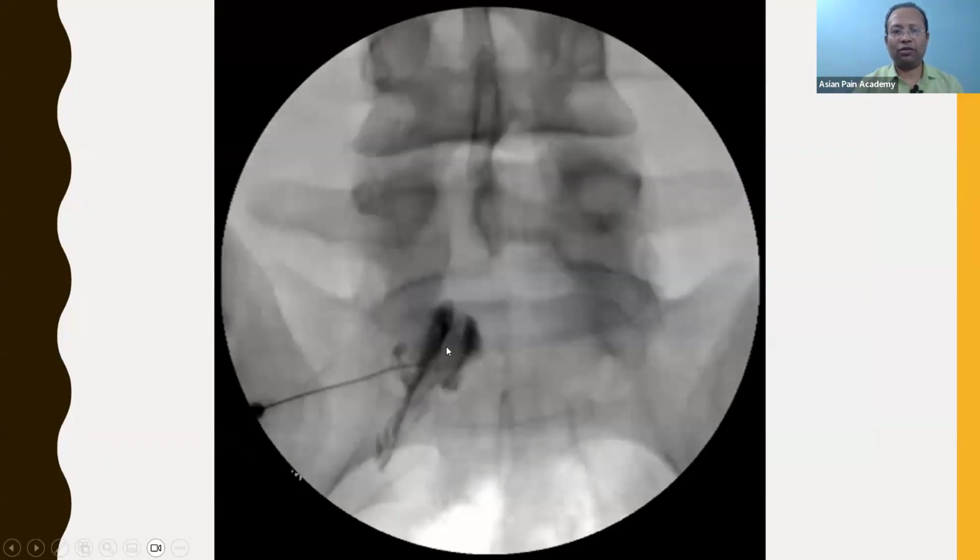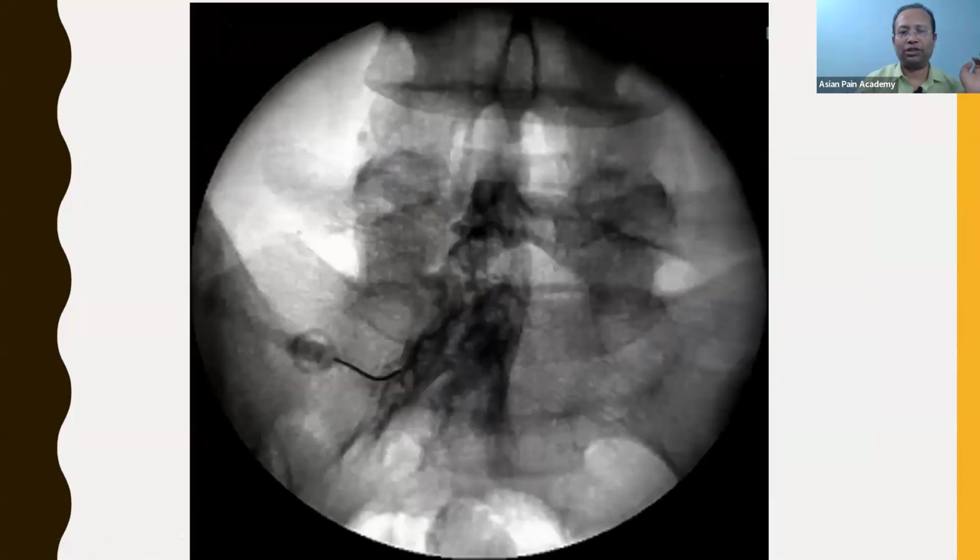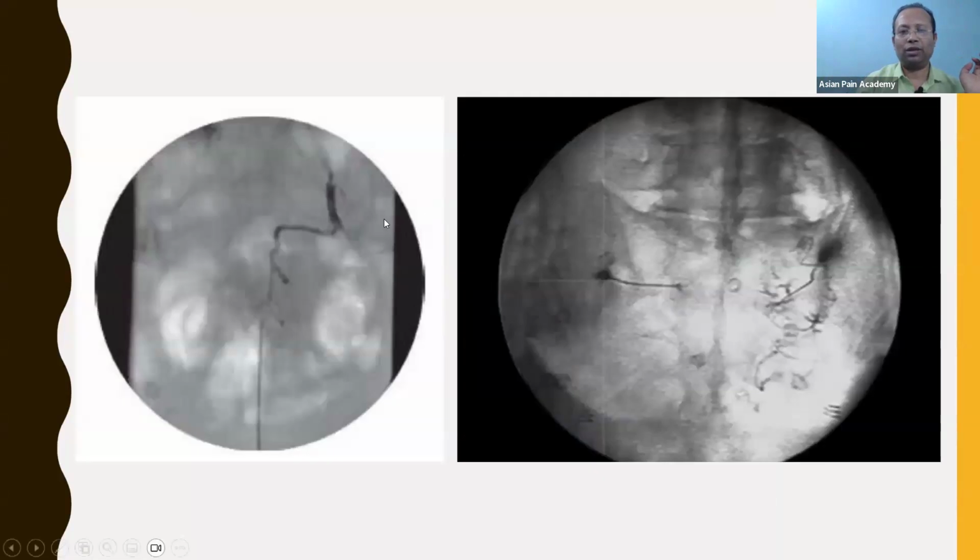After giving contrast, the contrast should spread in the epidural space upward. It should spread like this. Anyway, this is a caudal placement of the needle, and this is an S1 placement of the needle. In both cases you can see the drug is going intravascular. So this is a dangerous type of spread of drug.